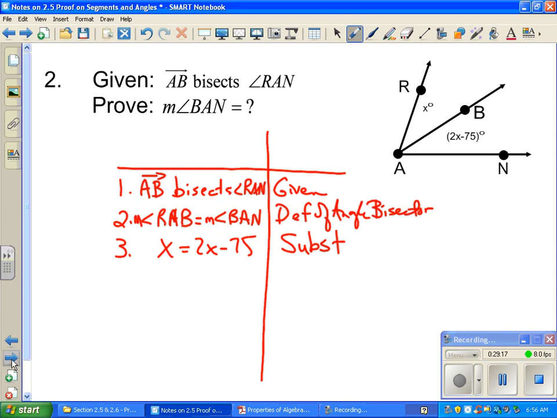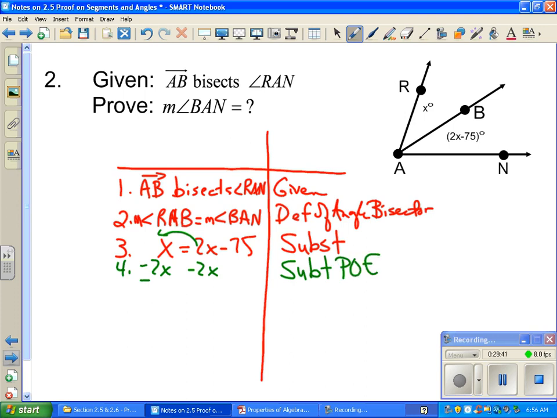In this problem, we only have an x on the left, but on the right we have 2x minus 75. And on the right are only supposed to be numbers without letters. So how do we get this 2x over here is subtraction. Because it's positive right now, so we need to subtract to get it to the other side. So that's the property, subtraction property of equality.